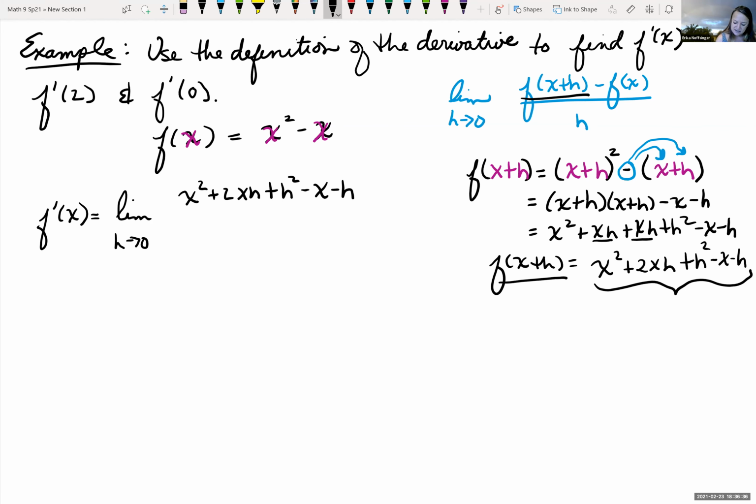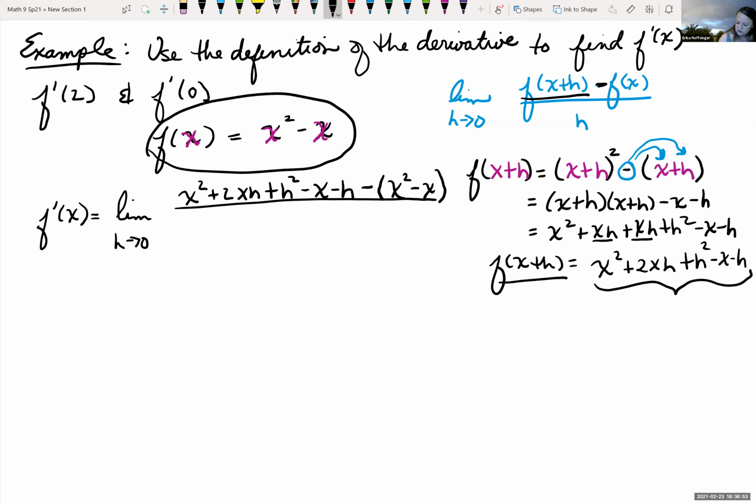Then we're subtracting off minus this whole function. So this is where you have to put parentheses, minus around the whole thing. x squared, that quantity, x squared minus x. And then it tells us to put it all over this h. So we need to distribute that negative inside the parentheses here.